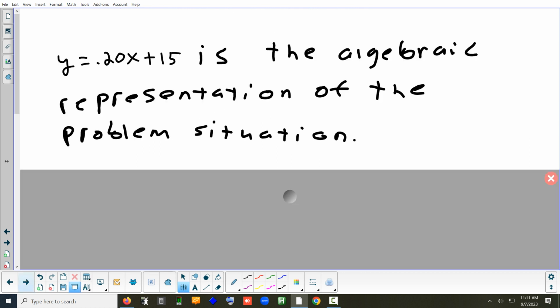So that formula that we came up with, that's called an algebraic representation of our problem. So in the book, if you see directions that say to come up with an algebraic representation for your problem, it basically means to come up with an equation.